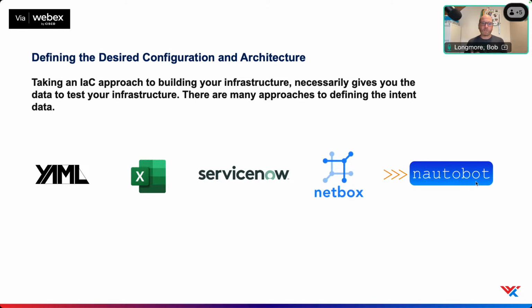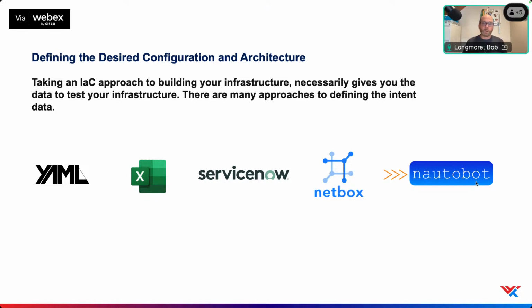ServiceNow is almost ubiquitous in a lot of our customers that we deal with. But what's also ubiquitous is difficulty in maintaining ServiceNow as a meaningful source of your modeled architecture. As a CMDB, it's meant for just that, not necessarily for how interfaces are configured, how services are configured.